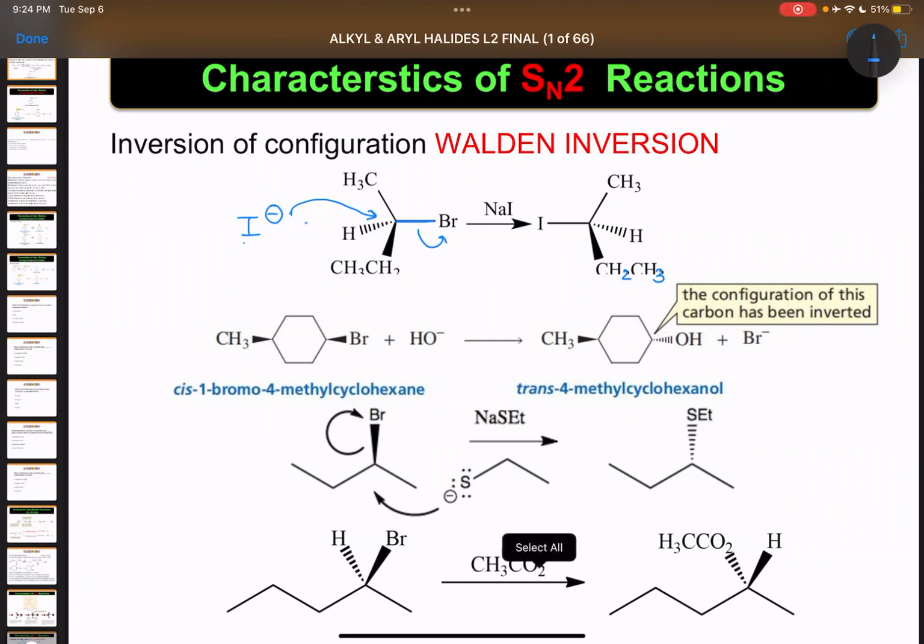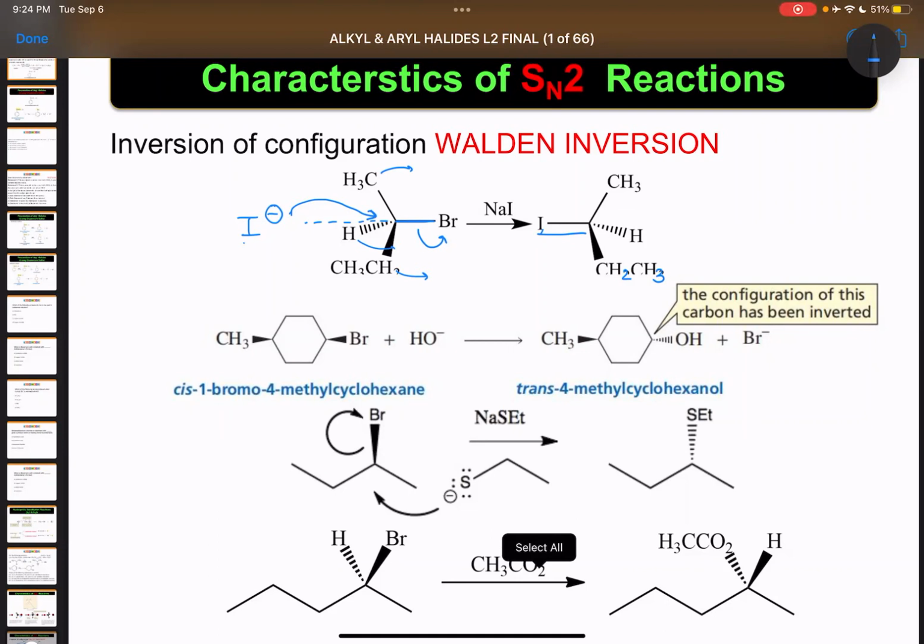Because of that, we see inversion happening. These two groups which are not participating flip to the other side, just like the flipping of an umbrella when we have a lot of wind. Is it clear?